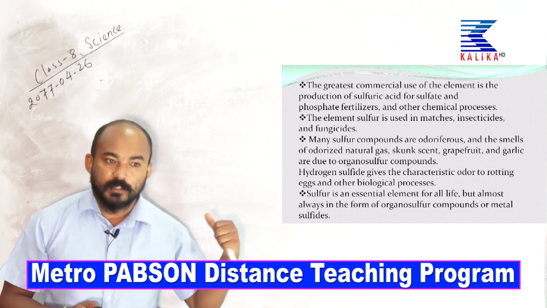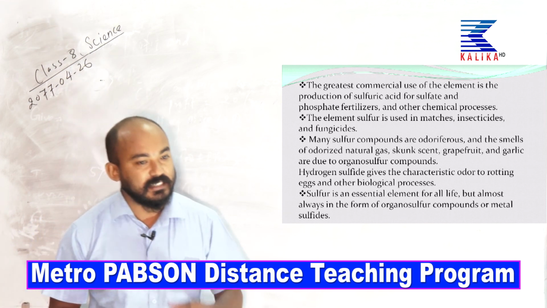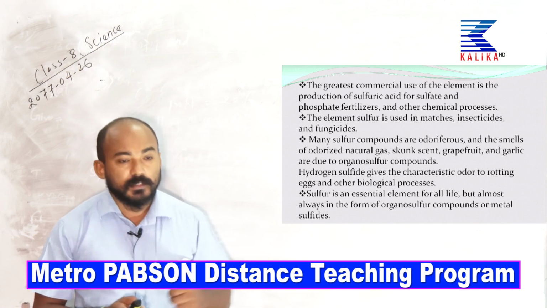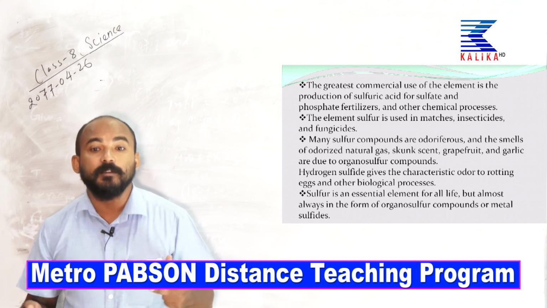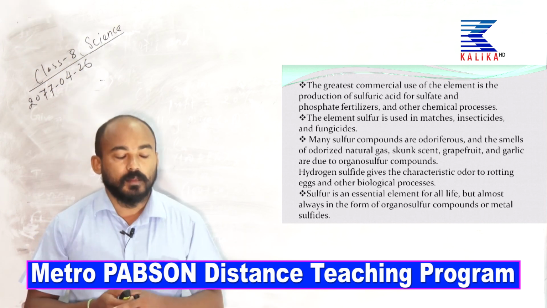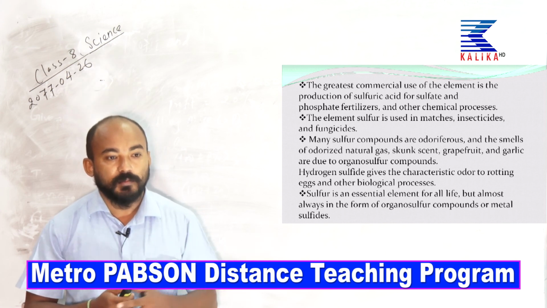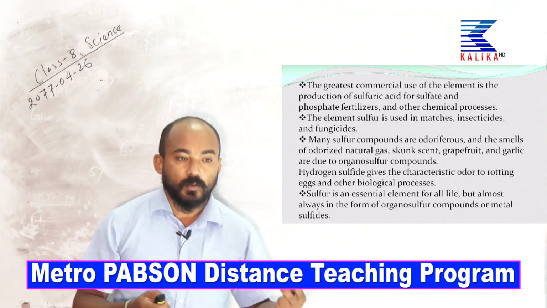We already discussed the uses of aluminum, iron, gold, silver, silicon and sulfur. Gold is a precious metal which is used for ornamental purposes. Similarly, silver is also one of the precious metals used for ornamental and decorative purposes and for making coins.